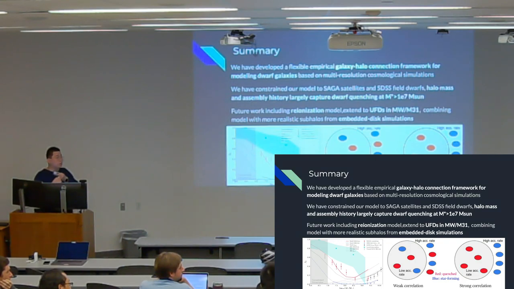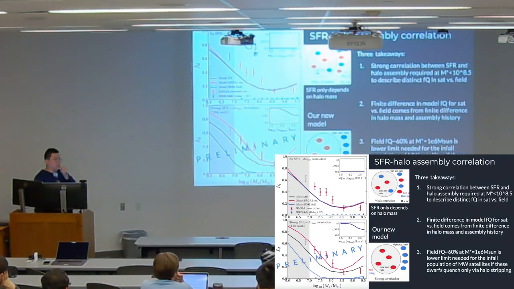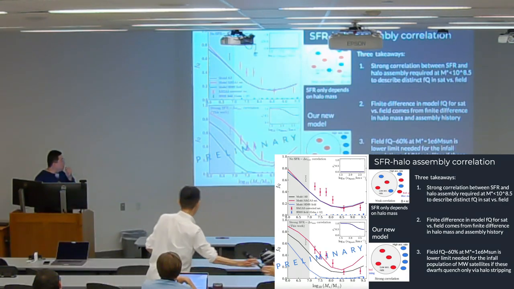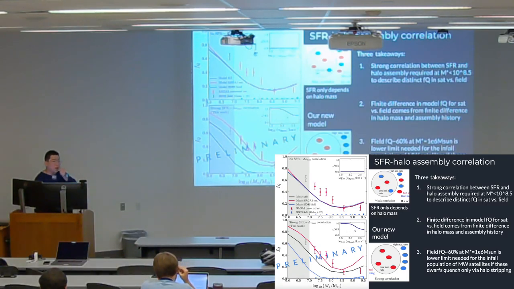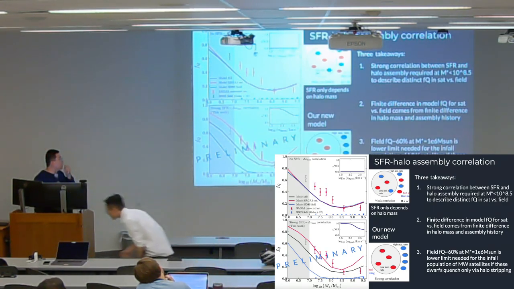Great talk, thanks. So you showed maximal assembly bias to reproduce SAGA at low mass, which puts the high mass data point in the worst position. Can you comment on that? Yeah, that's a very good question that I didn't talk about. The reason we need an RC of 0.5 is really supported by clustering data at stellar masses above 10 to the 10.5. And this model still agrees with the existing data set.